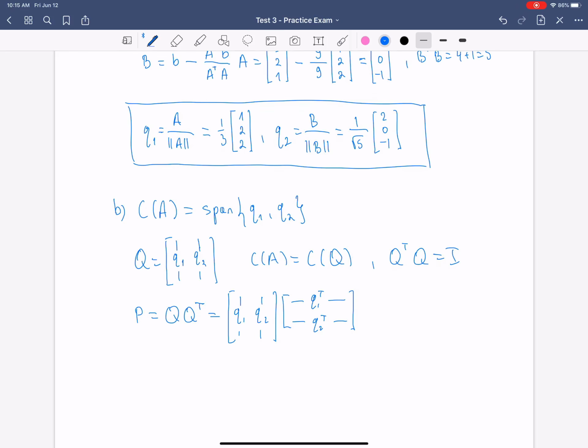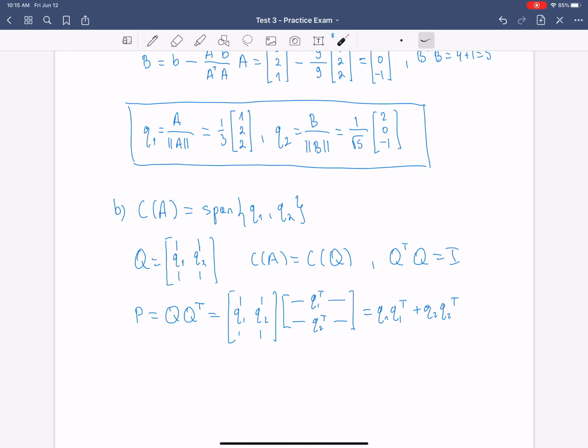You can do it column by row, in which case you get Q1 Q1 transpose plus Q2 Q2 transpose. Remember, these are rank 1 matrices. You have to do the first column times the first row plus the second column times the second row, and that's just what you get.